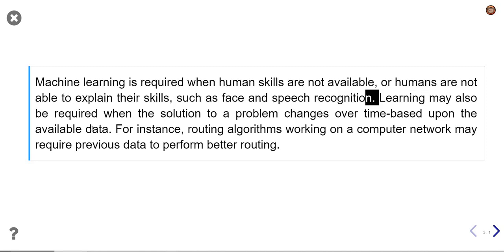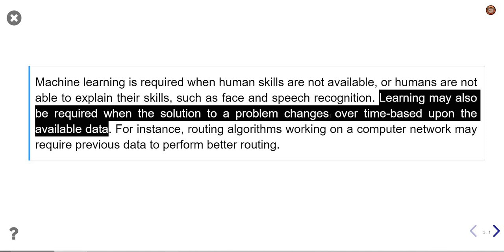And sometimes learning is also required whenever the problem is a time dependent problem and also based on the available data. So it's a very, very dynamic problem. For humans to try to make the prediction is very, very difficult, right? Like if I ask you how would the weather be this evening, would you be able to guess? Maybe some of you have the ability to look at the sky and see the blue, the clouds, and say, yeah, most likely it can rain.